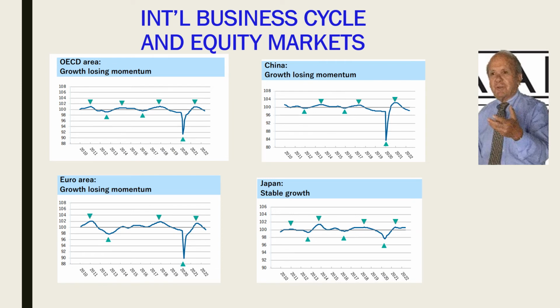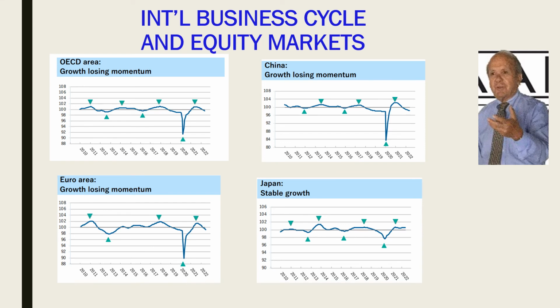What about the international business cycle of other countries in the developed world and their equity markets? Well, this is data published by the OECD. And what you see here, the global business cycle is exactly the same as the US business cycle as shown in the previous chart. The same thing for China, the same thing for the Euro area, Europe, and Japan.